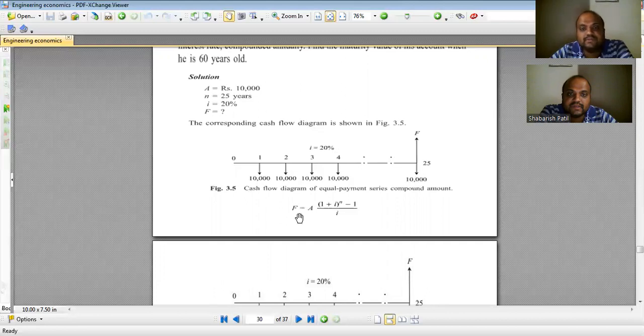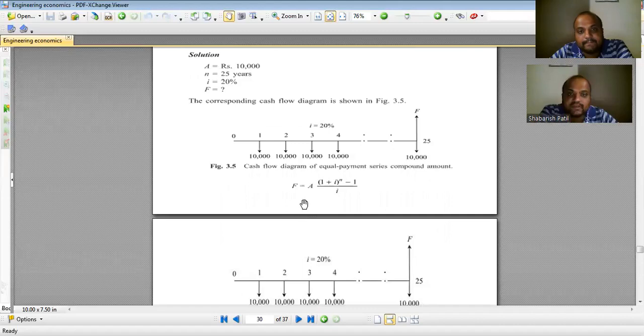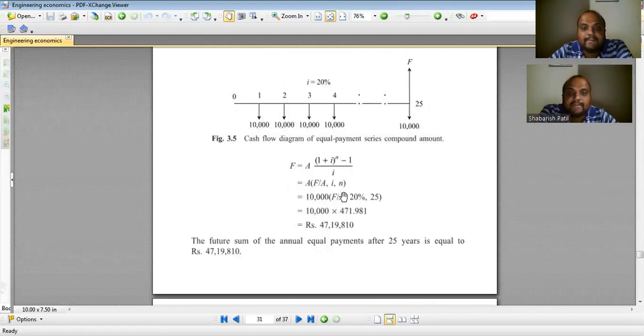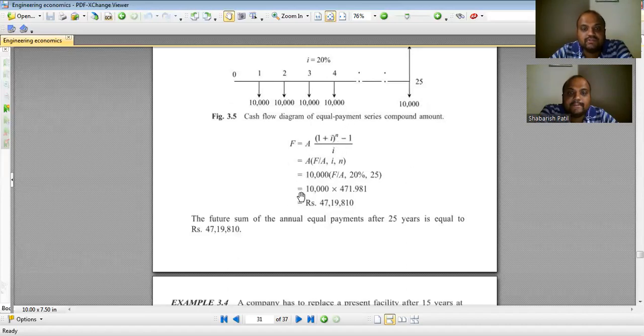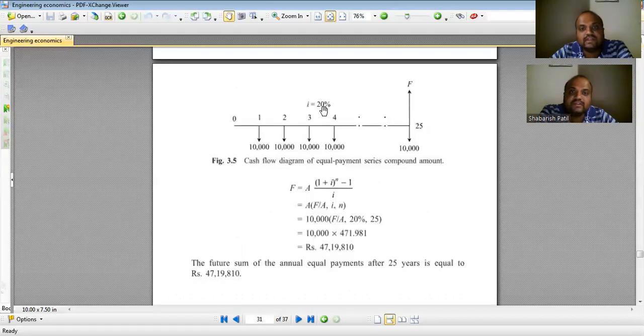We know this expression between F and A. So use this expression, F is equals to A into (1 plus I) raised to n minus 1, by I. Okay, we know the A value, we know I, we know n. Substitute those things, we will get future value as rupees 47 lakh 19,810. The future sum of annual equal payments after 25 years is rupees 47 lakh 19,810. That's how the technique shall be used.